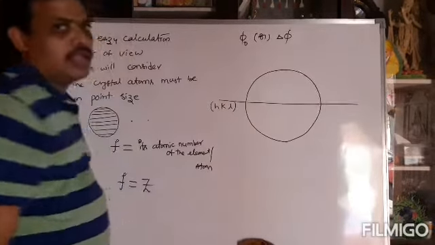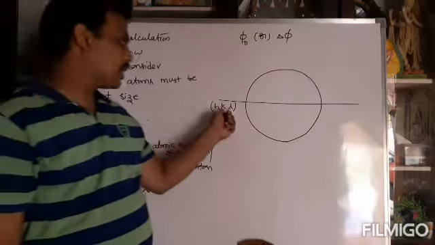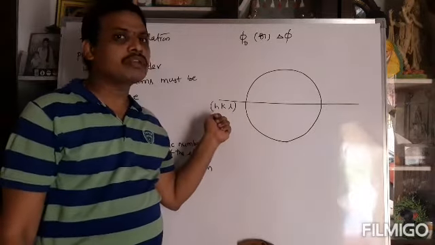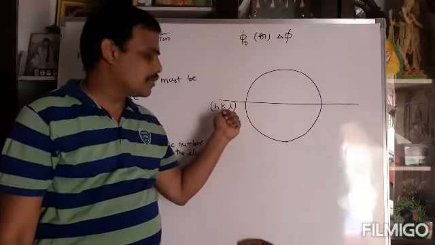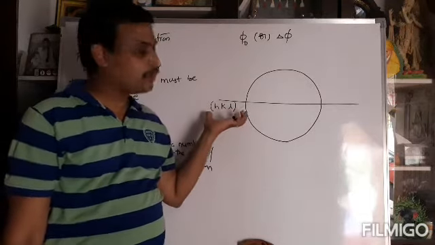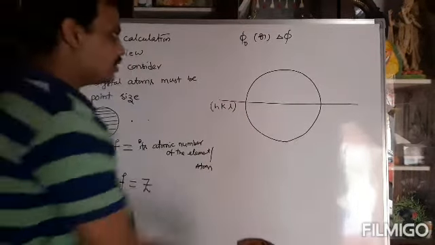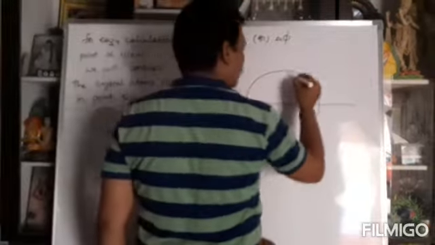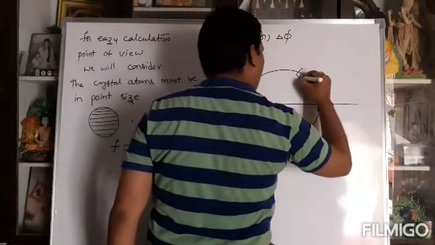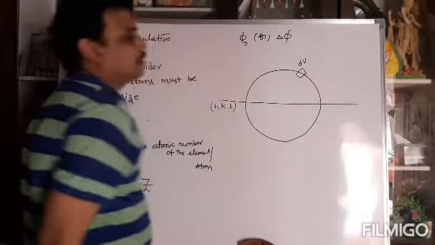What are HKL? HKL are called Miller indices. H represents the X direction, K represents the Y direction, L represents the Z direction. This is the plane indication. Out of this complete volume, I am showing only a small volume, which can be taken as dV.